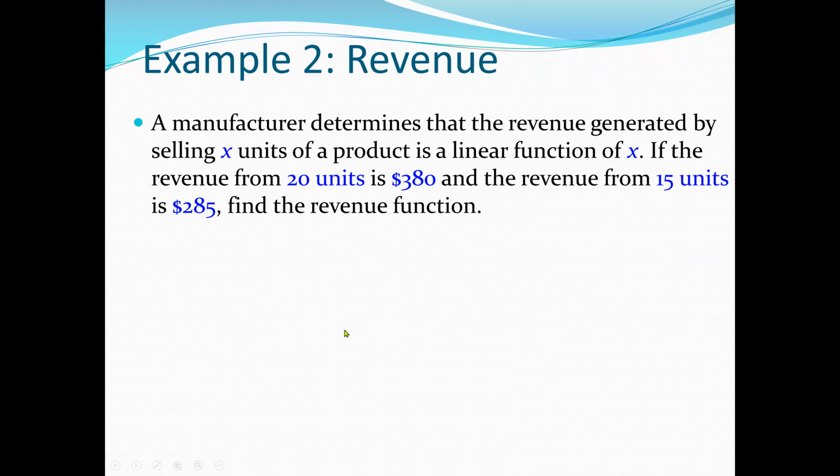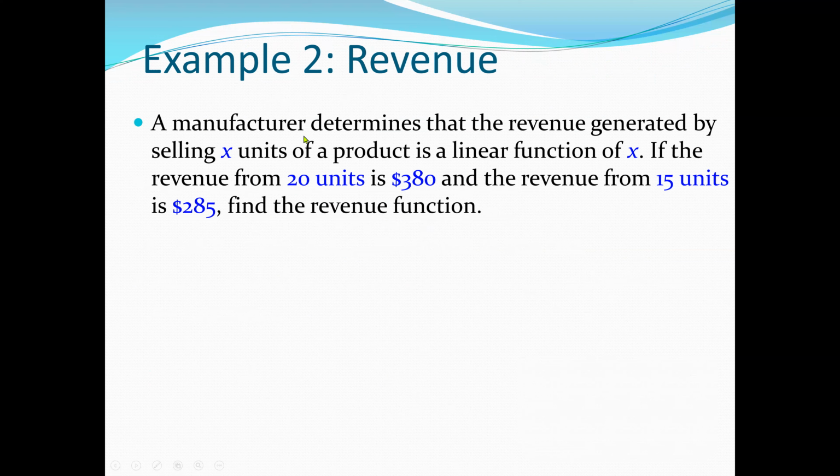So let's try example 2, which is also a business question. Here we said a manufacturer determines that the revenue generated by selling x units of a product is a linear function of x. Now, if the revenue from 20 units is 380 and the revenue from 15 units is 285, we should find the revenue function.